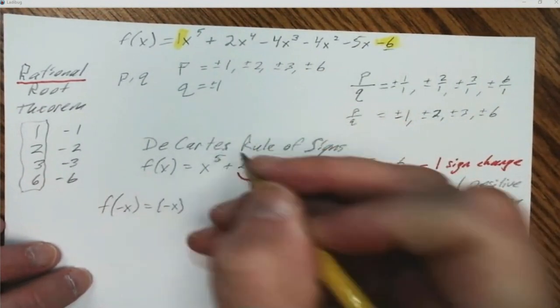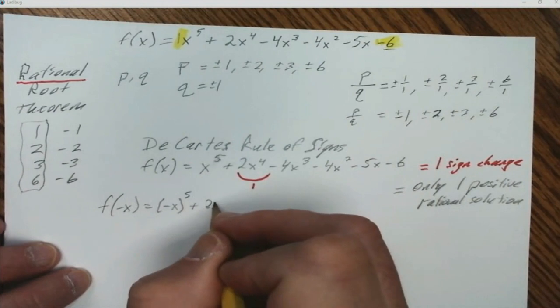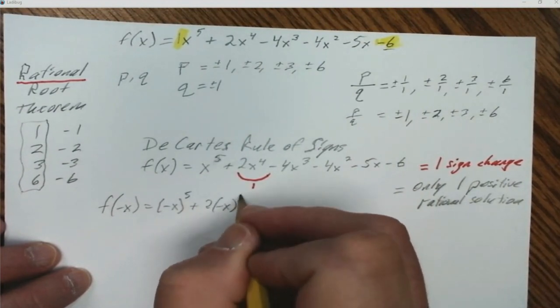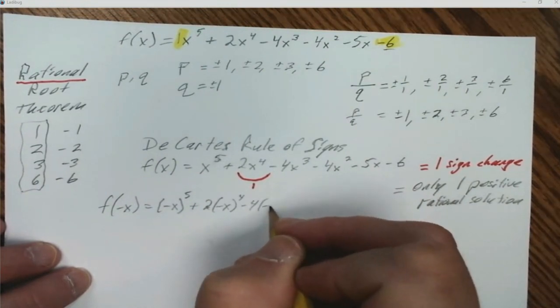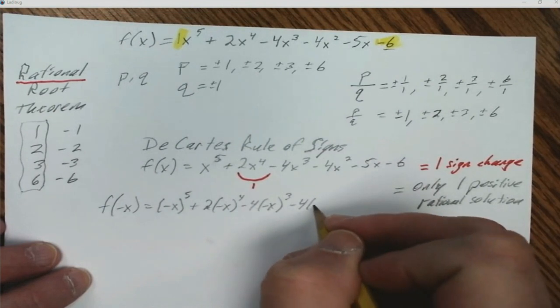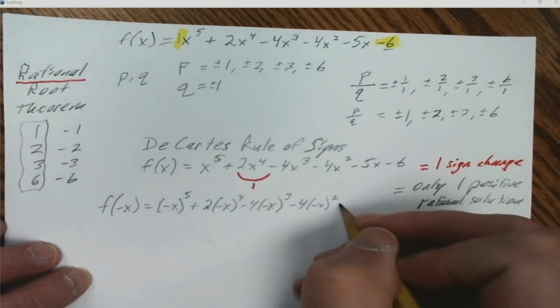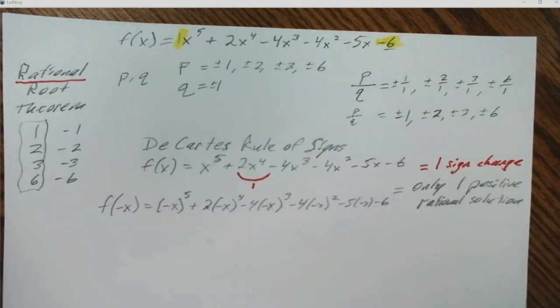Mr. Brock, you wrote the equation wrong. Negative x to the fifth plus 2 times negative x to the fourth minus 4 times negative x to the third minus 4 times negative x squared minus 5 times negative x minus 6.